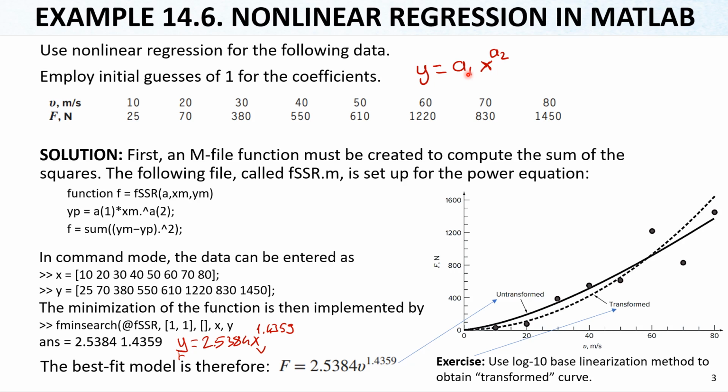If you remember, for such functions we said that we can linearize these using, for example, log base 10, then use the linear regression, then transform it back to this power equation. If you do that, you will obtain this dashed line, and this is also, as you can see, going well with the data, and both of them can be good.